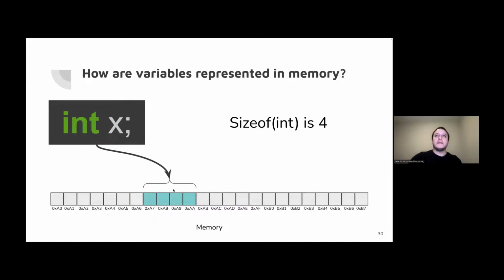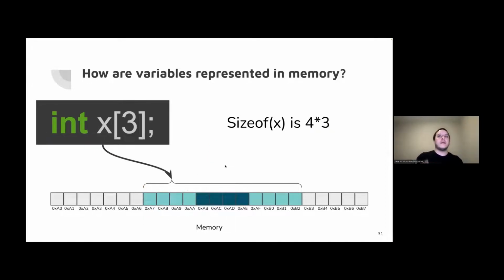Then, if I have an array of integers, what I do have is one integer after the other, right? So when I say int x array of 3, what I have is 3 4-byte numbers, each of them representing an integer.